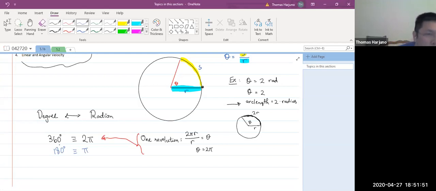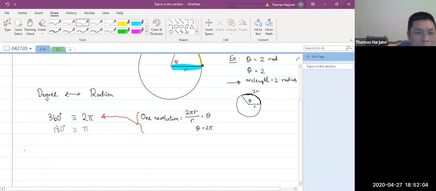Now this is super important. This gives us the equivalence between degree and radian. Suppose I need to compute, for example, what is 75 degrees in radian? Then I will multiply by pi over 180 degrees. Why is that? Because I need to kill the degree and get the radian.